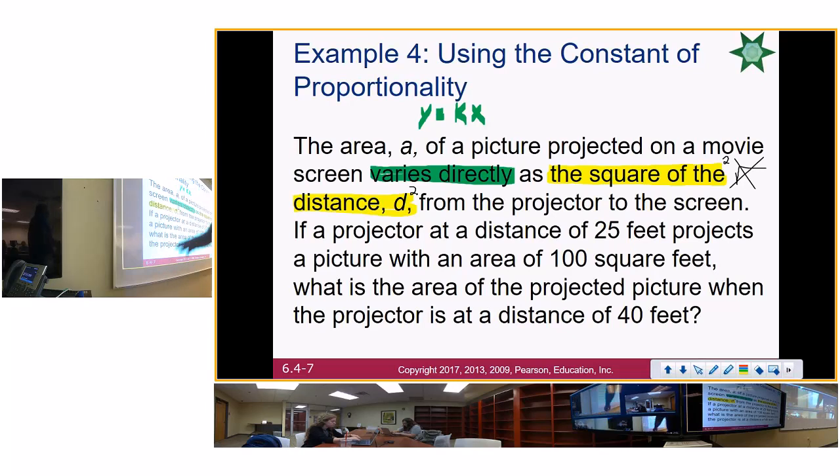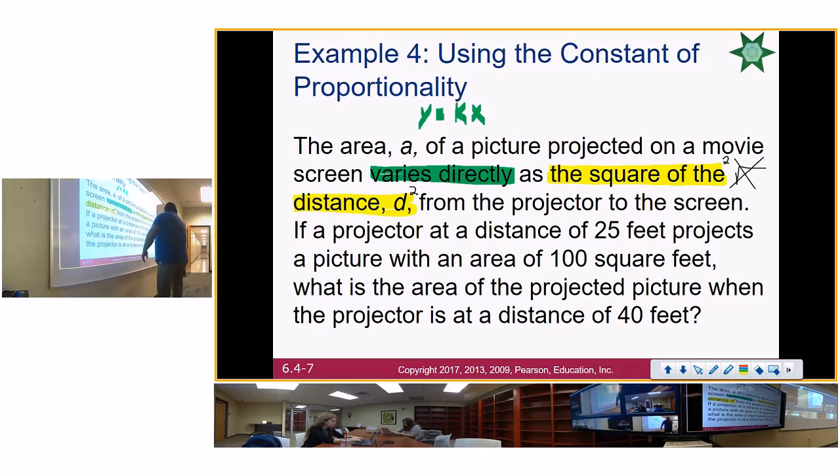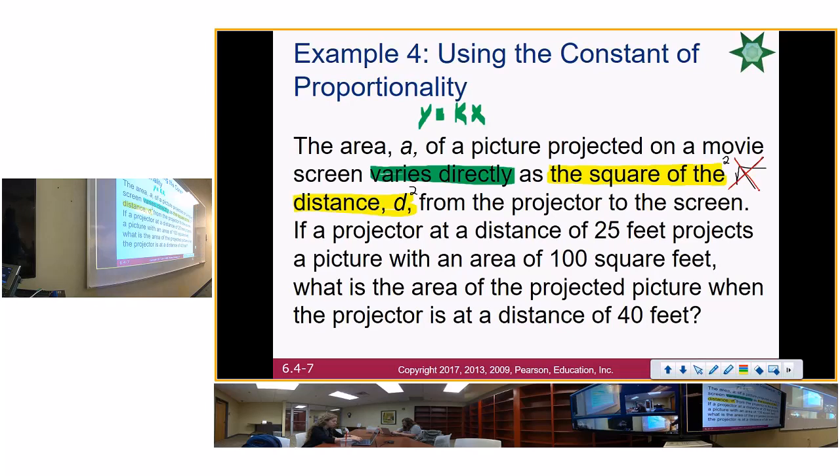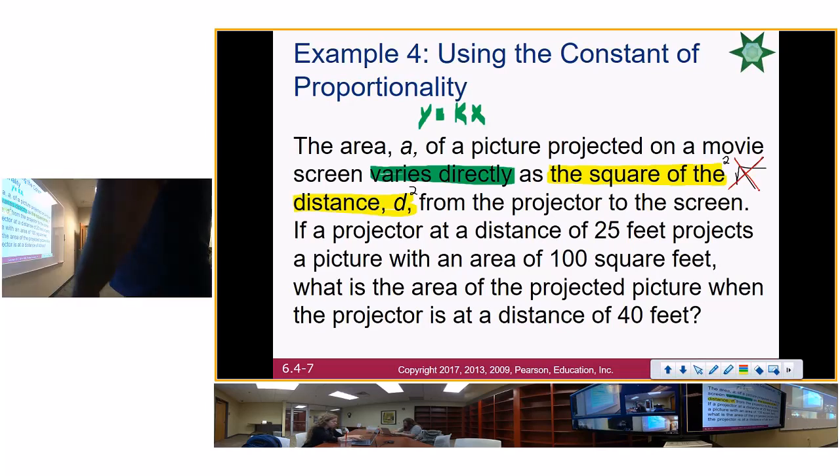There are no radicals in 6.4, so put a red X through that radical. There is no square roots. A lot of people, when I say the square of, think that means take the square root of. I disagree with the way they've had that written, but I'm not going to worry about it.